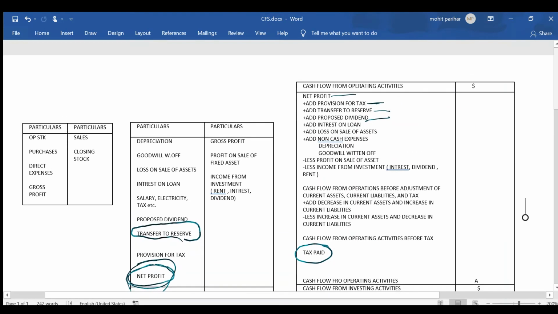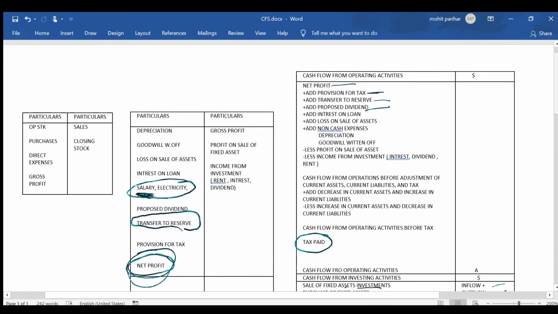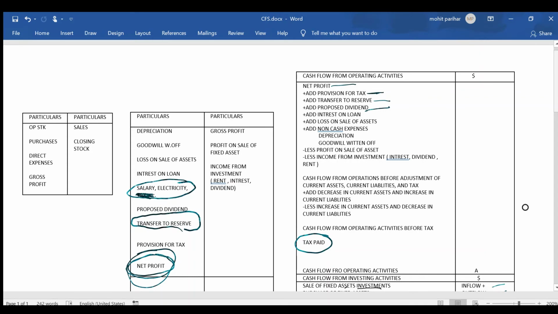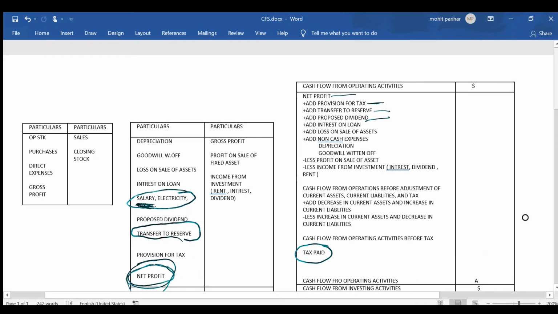Now, next one. Salary, electricity, and tax are a part of this. Only salary and electricity are a part of operating activities, and therefore no adjustment is required to be made to these. We are assuming that salary and electricity expenses are paid in cash. Now, next is interest on loan. Okay. Interest on loan is a part of financing activity, and therefore we have to remove it from operating activities.